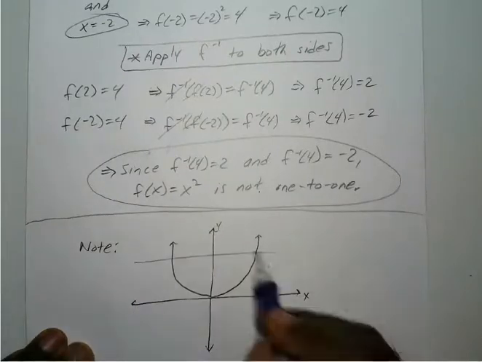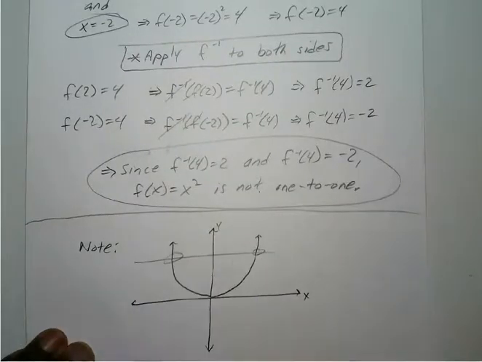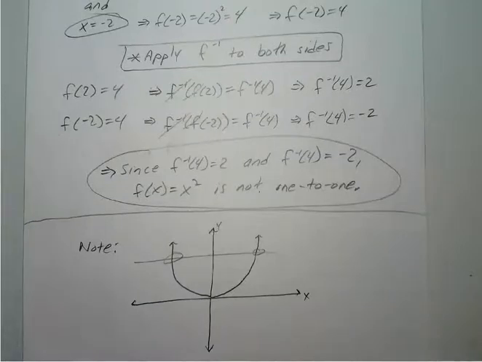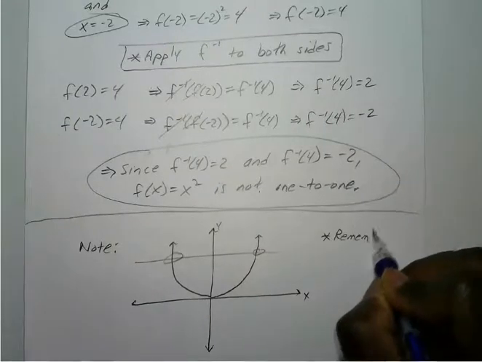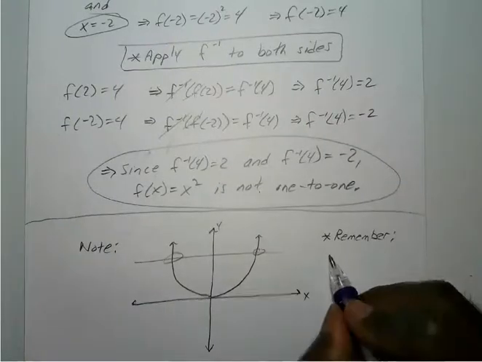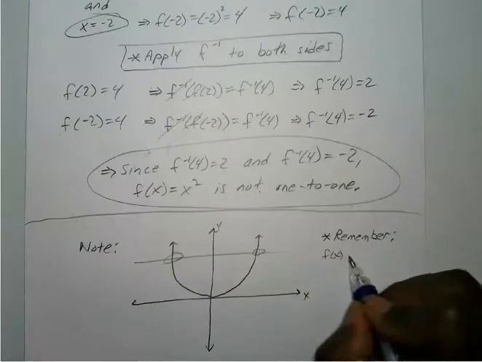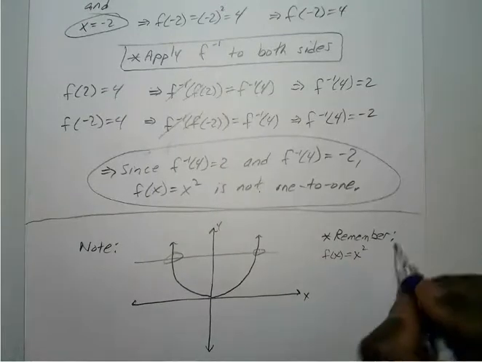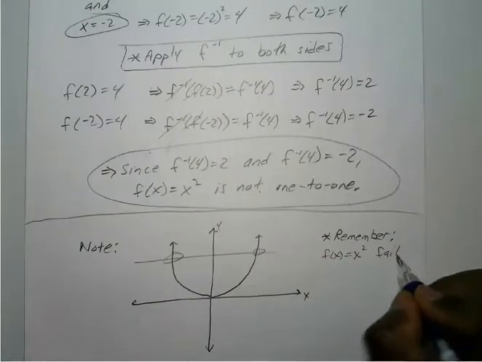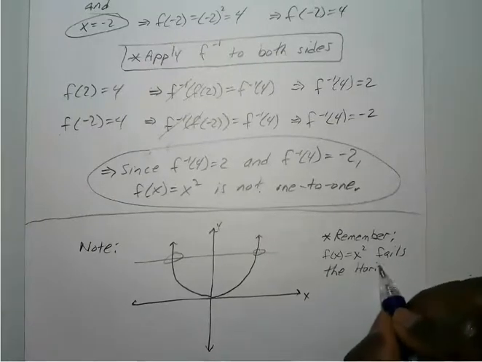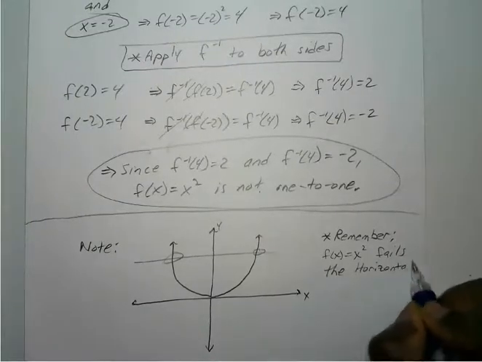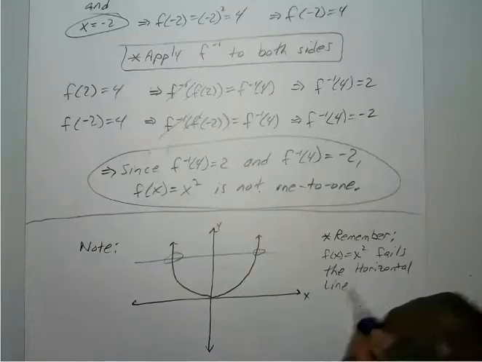If you draw a horizontal line, it crosses that graph more than once. So f of x equals x squared fails the horizontal line test.